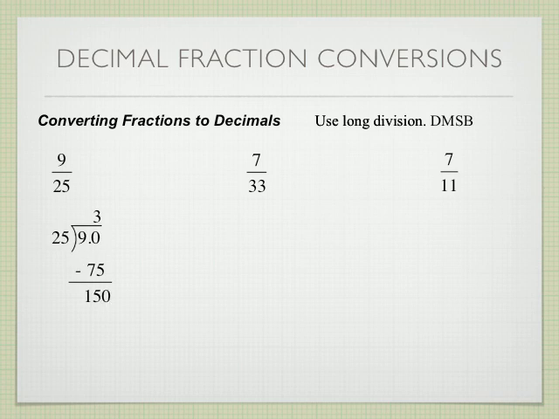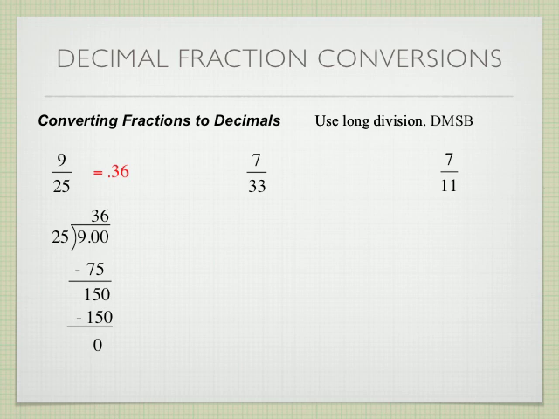So we have to add another 0. 25 goes into 150 6 times. 6 times 25 is 150. Subtract. We have a remainder of 0. So that decimal, see how the decimal is 9.00? That decimal travels straight up, so we get 0.36.